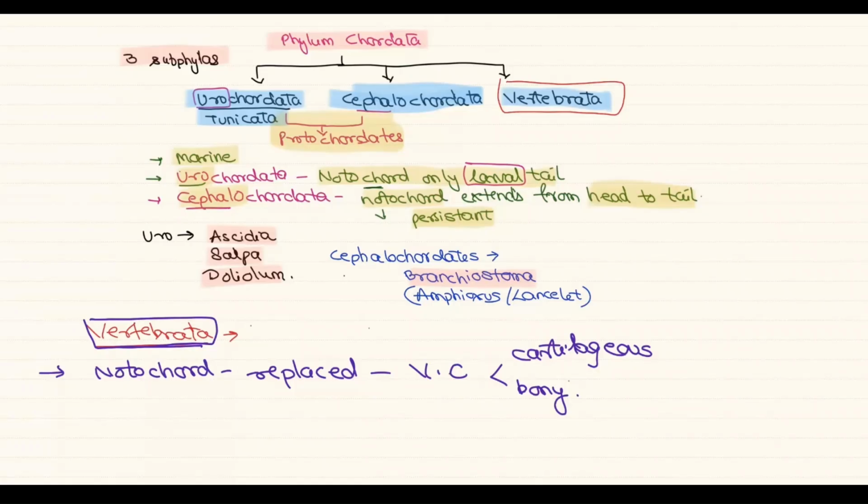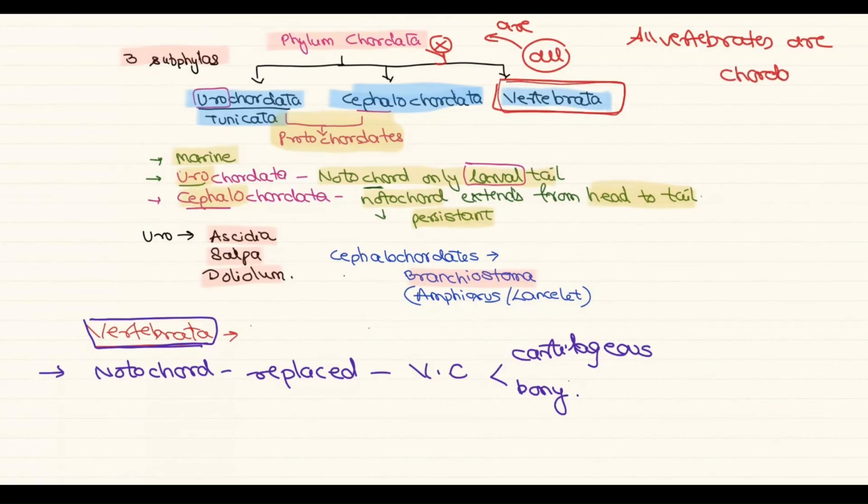So I can say from the table that, listen carefully, all the vertebrates are chordates, whereas all the chordates are not vertebrates. I think it's clear. We can say that all the vertebrates are chordates because they belong to phylum Chordata.